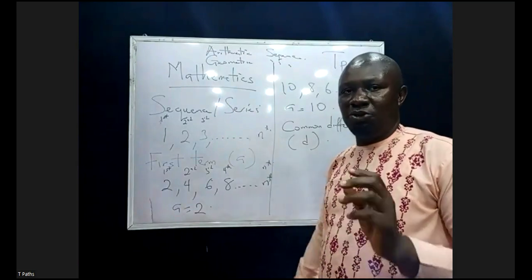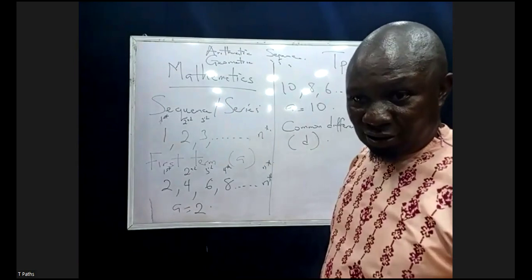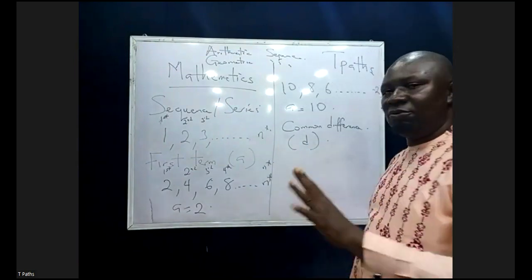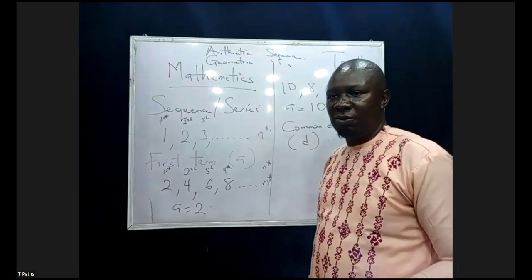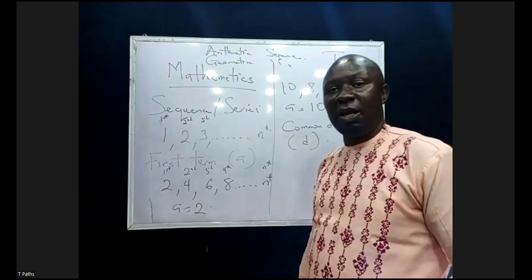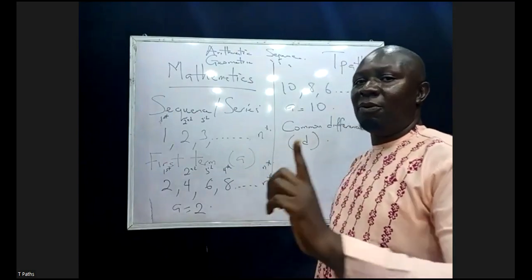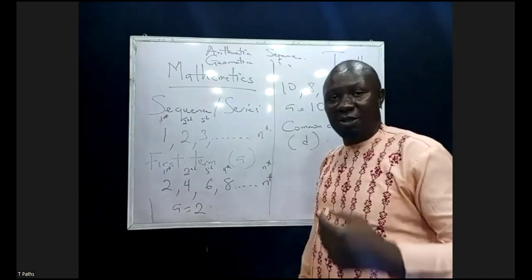You might have done that in your secondary school level. For today, we're going to work on the arithmetic sequence, so that when I make reference to something like common difference, we know the common difference for an arithmetic progression is different from the common difference for a geometric progression.